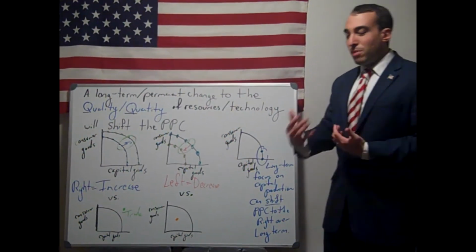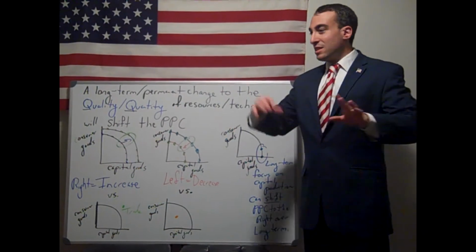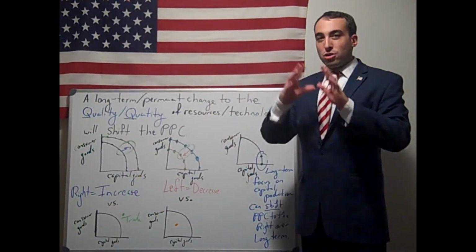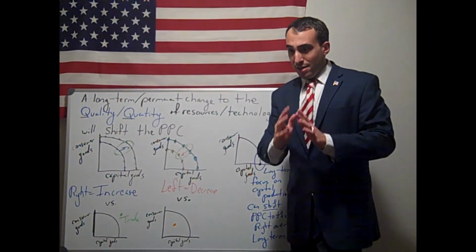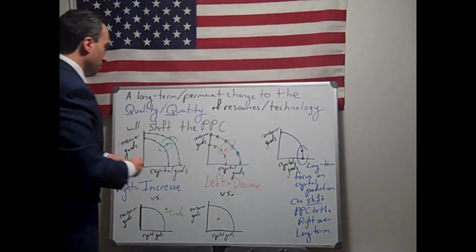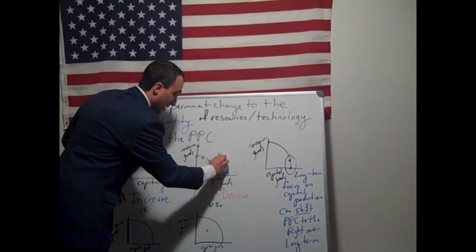Another question to be aware of is if the question specifically says the change to the quality or quantity of goods and services occurs only in a specific area. Sometimes the AP test does that.